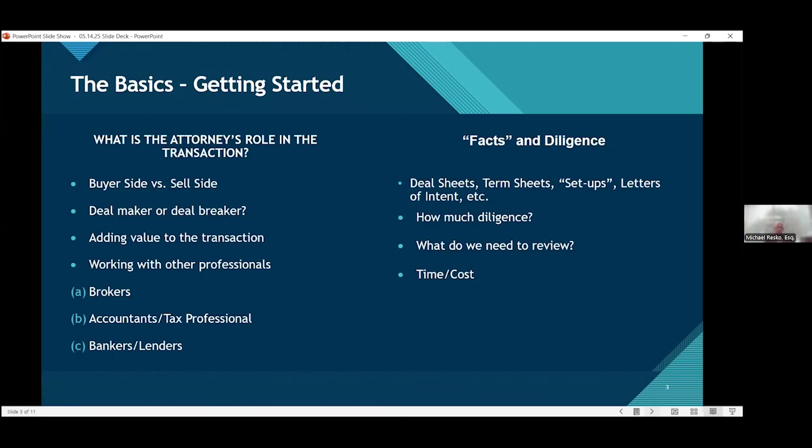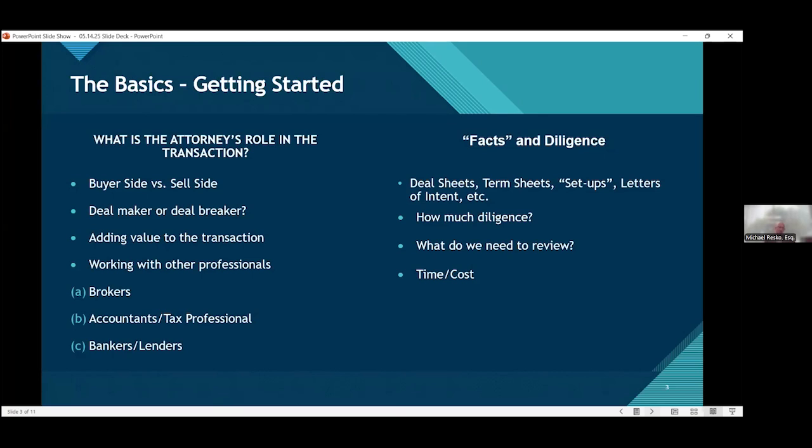So with that being said, moving on to the basics. Where do we get started in the transaction? The most basic first question is: what is the attorney's role? Starting with who you are representing, the buyer side or the seller side. Analogizing this to a real estate transaction, if we're representing the buyer, we are going to be performing functions that are different from representing the seller.